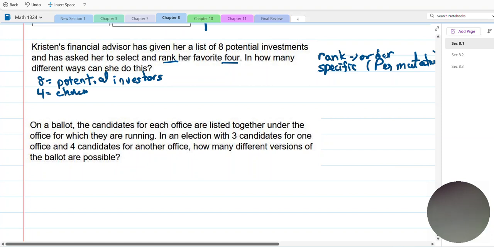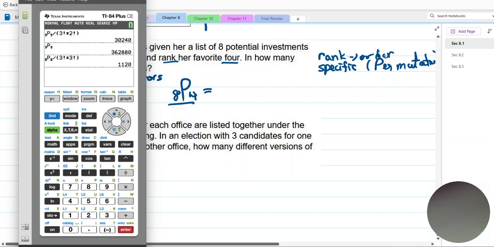Well, we're going to do a permutation. 8P4. Now remember, the book uses the capital P parenthesis n, r. But this is better for us because we enter it in the calculator in that form. So we have it ready for that action. Okay. I'm going to enter the 8, math, PRB.